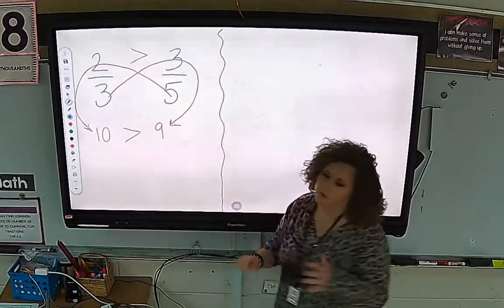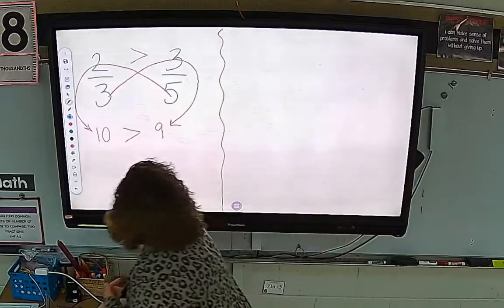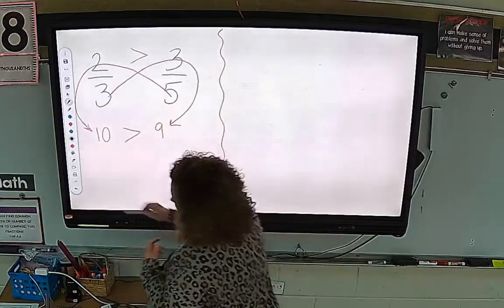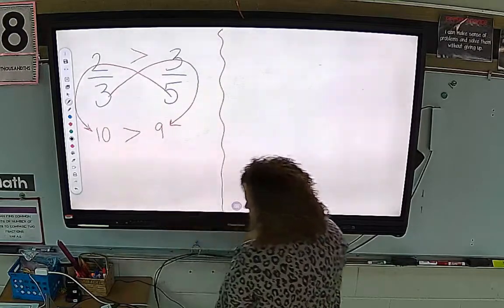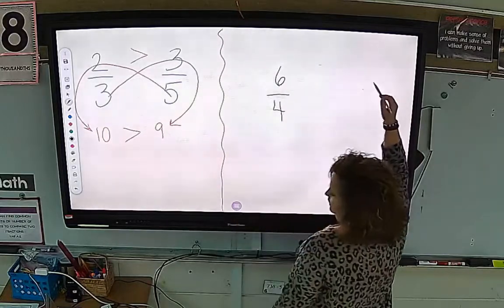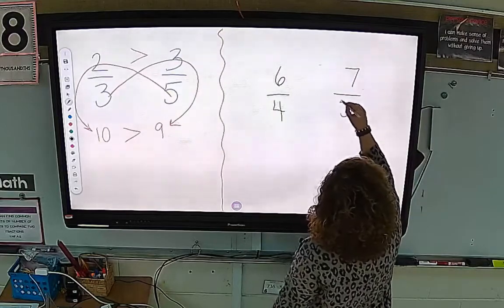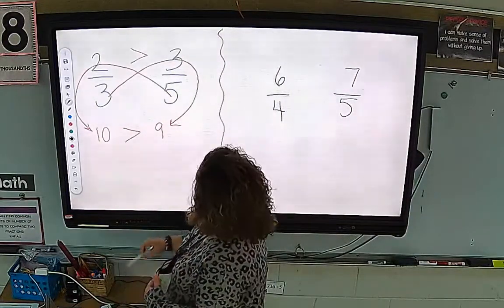And that way when you're working, if you forget what to do, you can look up here for those examples. Are you going to put the one problem? I'm going to go back one and do 6/4. You can go ahead and be putting your boards away. 7/5. Lay your workbook out, but we will start when we get back from our break.